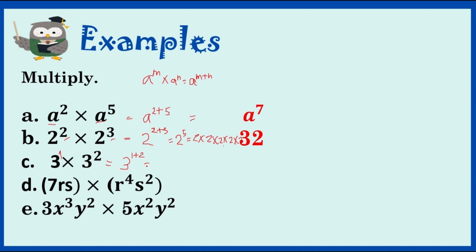You have 3 raised to 3, which is 3 times 3 times 3, and that is equal to 27. Very good.